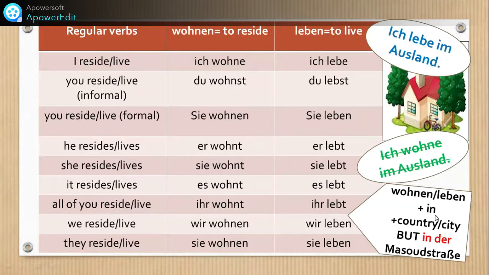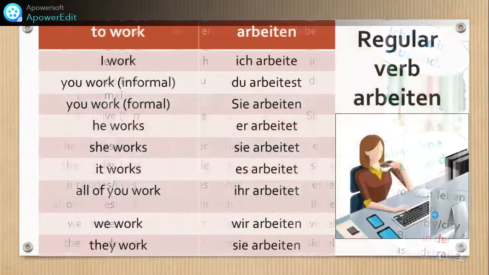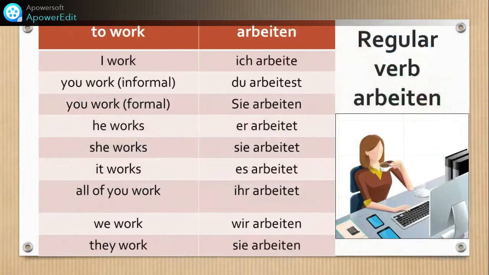So moving on, another regular verb that I will cover in this tutorial part is the regular verb arbeiten, which means to work. And like the previous regular verbs, heißen, auskommen, wohnen, and leben, this verb is conjugated similarly.